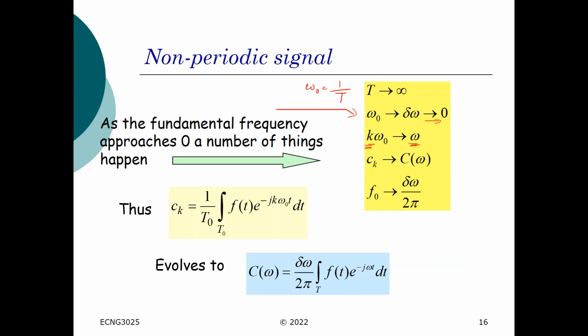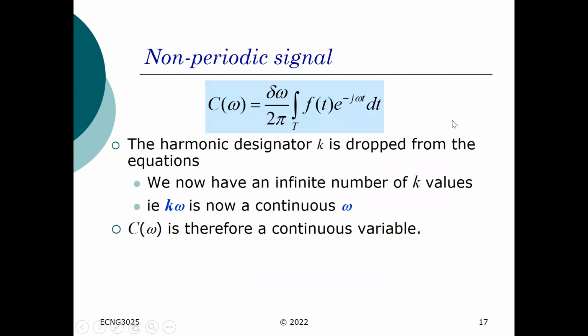If you remember, we did the manipulation here, and I'm not asking you to derive it, but just to see how we evolved. We started with the Fourier series, and we evolved to this thing now. And the harmonic, because if T starts to get big, the number of k's, the individual components, gets so large that eventually k is now continuous.